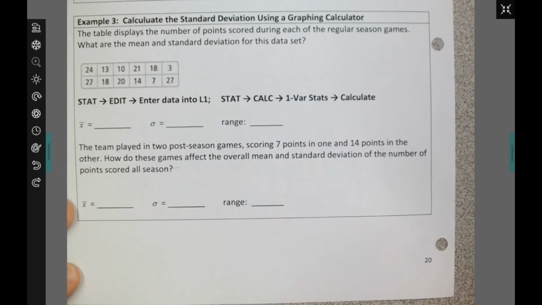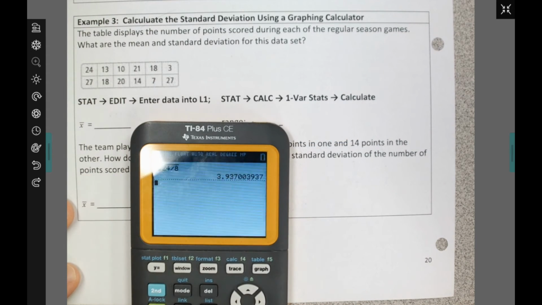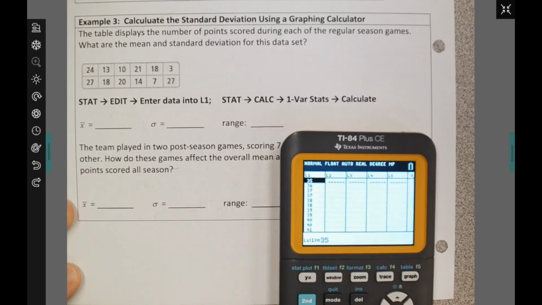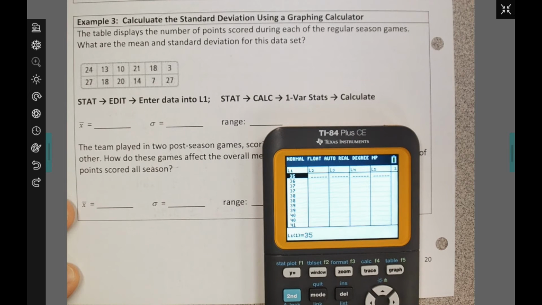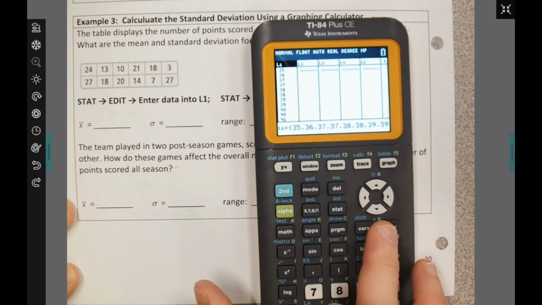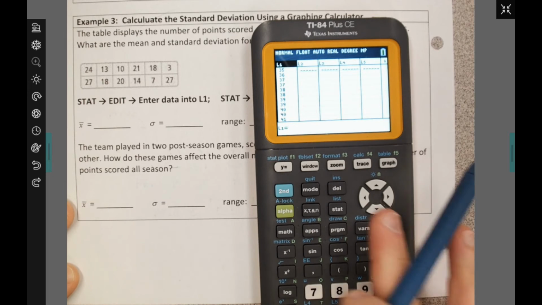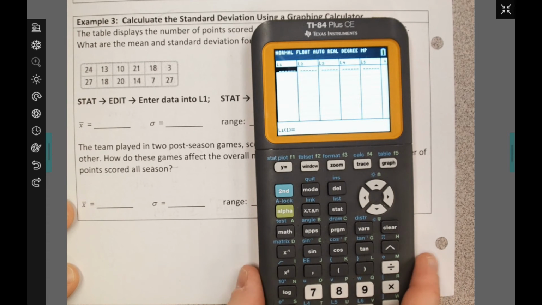So it goes back to how we were entering data the other day. You're going to hit stat, and then we're going to edit. We want to edit all of our data in list 1. I already have data here, so I'm going to highlight L1, and then hit clear. It's real important you hit clear, not delete, and then the down arrow, and it gets rid of all of it.